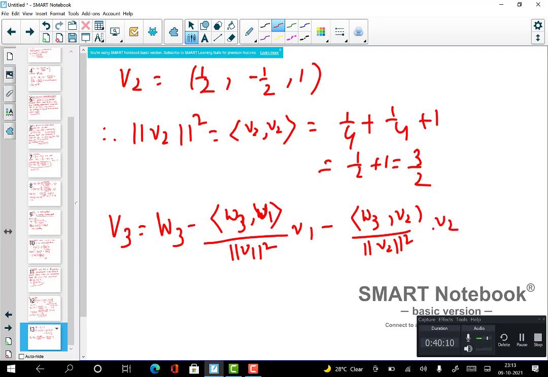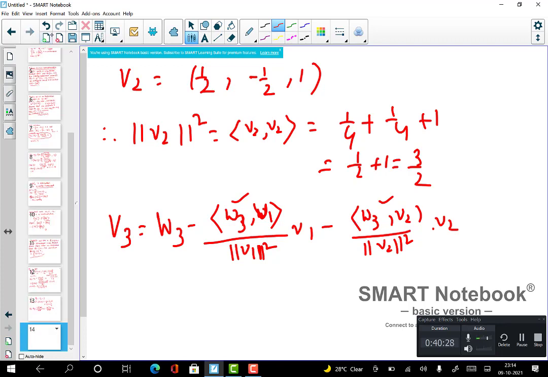Here V1 equals W1. So now we need to calculate all the factors individually. I already know the norm of V1 square and the norm of V2 square, but these two inner products we need to calculate.